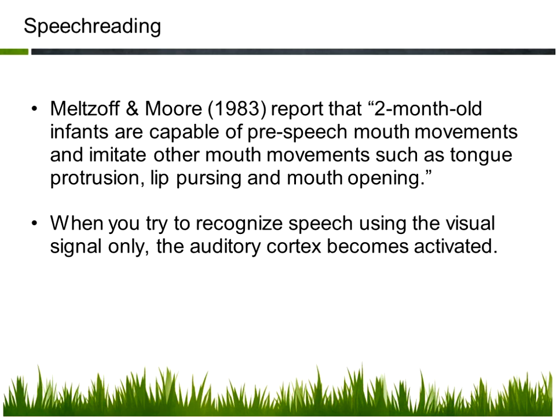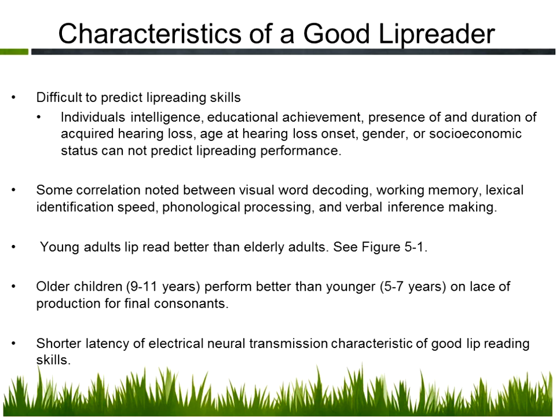And when we're trying to recognize the visual information, we do process it in the visual cortex, but the auditory cortex is also activated, meaning we know from the very young infants and from our own adult experience that we combine audition and vision to actually extract meaning from the speech signal.